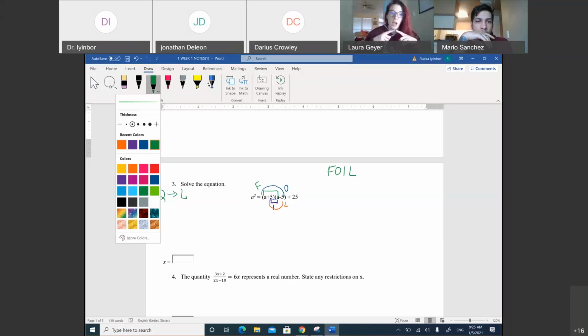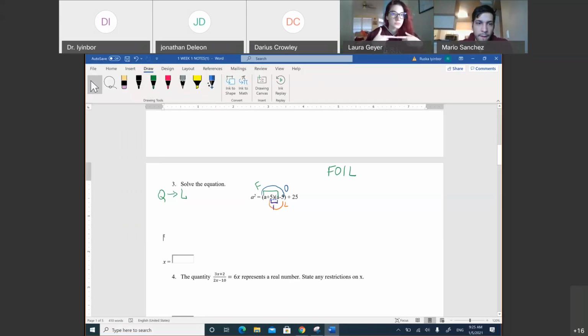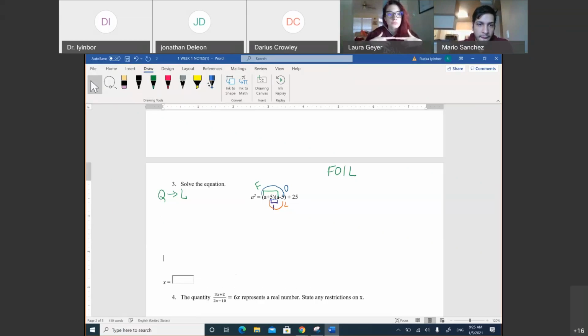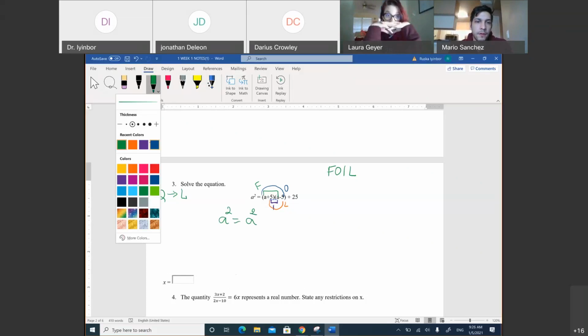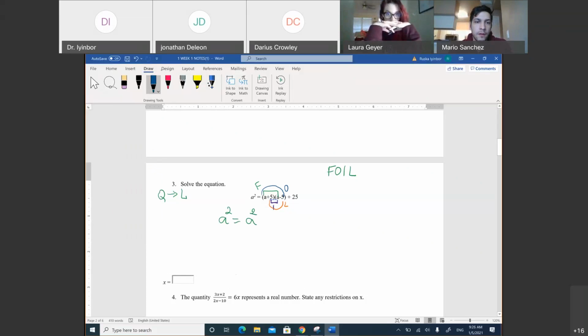So let me write it. I'm going to start FOIL. If you don't know FOIL, I'll show you another method in a bit. Doing first and first, a times a is going to be a square. Then I'm going to do O, which is the outside, so multiply a times negative 5, which is negative 5a.